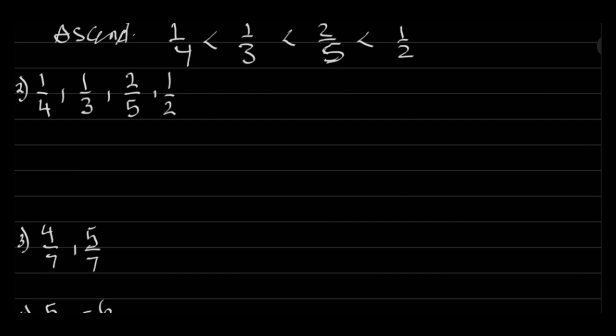Now we have to convert these too, and the routine remains the same. First, we have to find an equivalent denominator for all of them. We have 4, 3, 5, 2. Like we did earlier, we can tell that the LCM will definitely be 60. Okay.